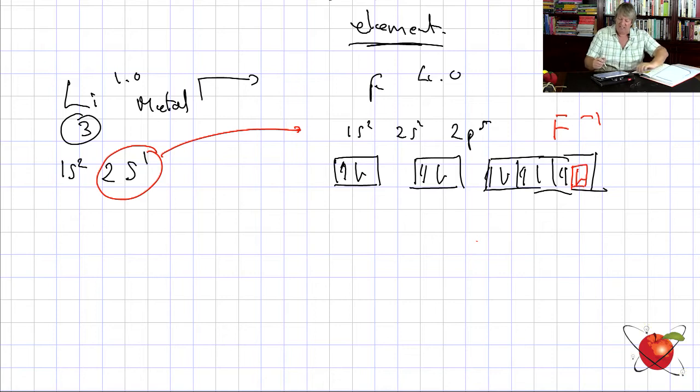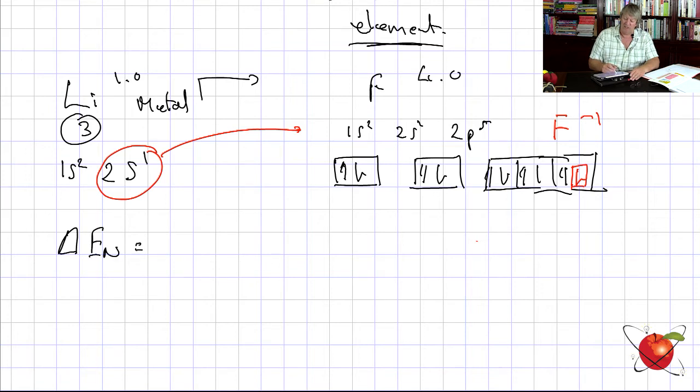But now what actually happens with this electron? Let us take the difference in electronegativity. So delta electronegativity is equal to 4 minus 1 is equal to 3.